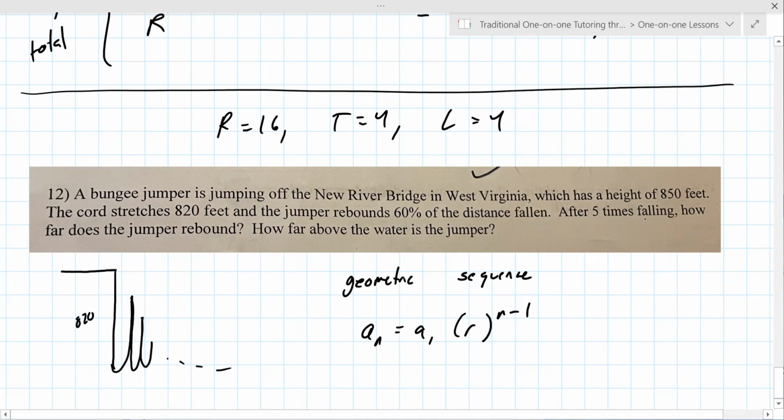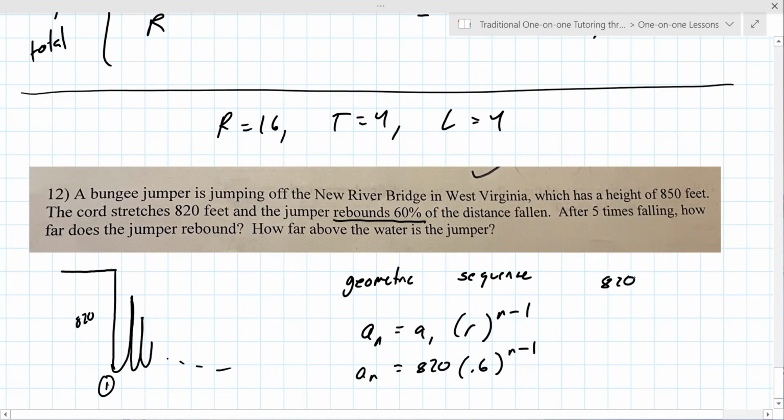After 5 times falling, so that's the first fall. So a_1, the first fall, is 820 feet, and then the amount you rebound is 0.6 to the n minus 1.